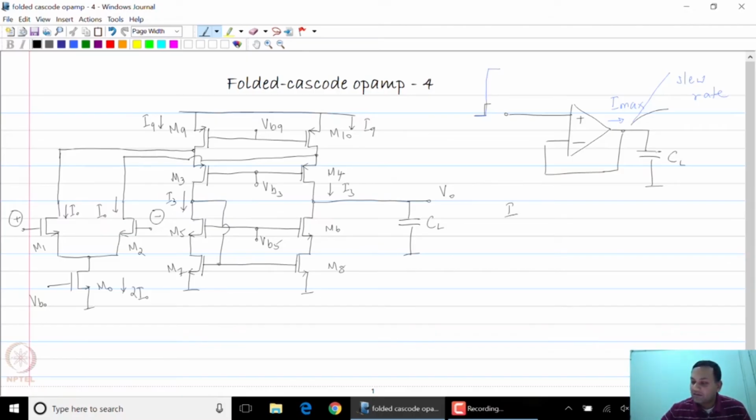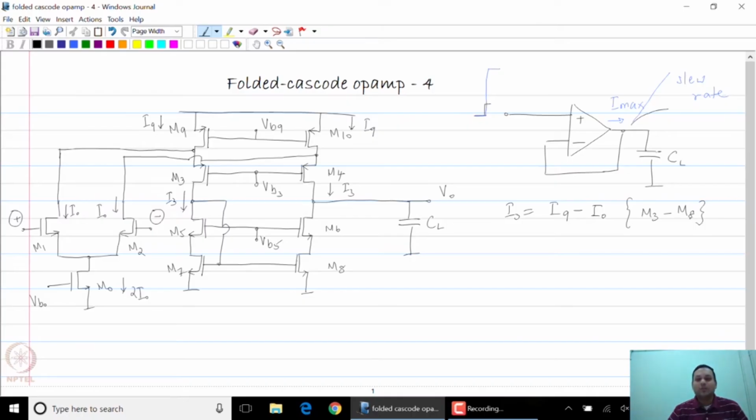So I3 is simply going to be I9 minus I0. This is going to be the design condition, the bias point for each of these transistors. So I3 flows through these six transistors, M3 to M8. So clearly I9 has to be larger than I0, as we have seen.